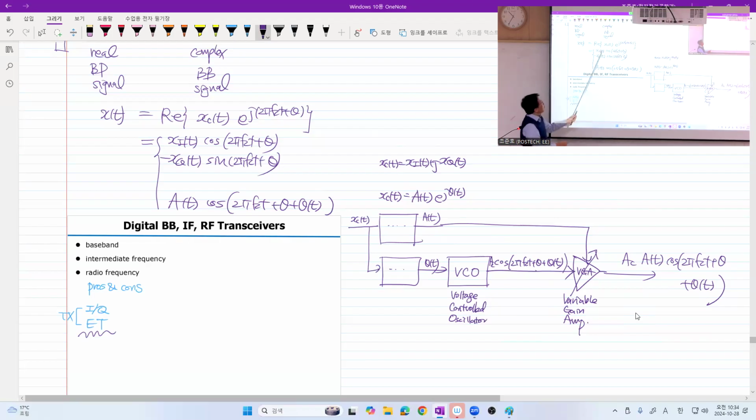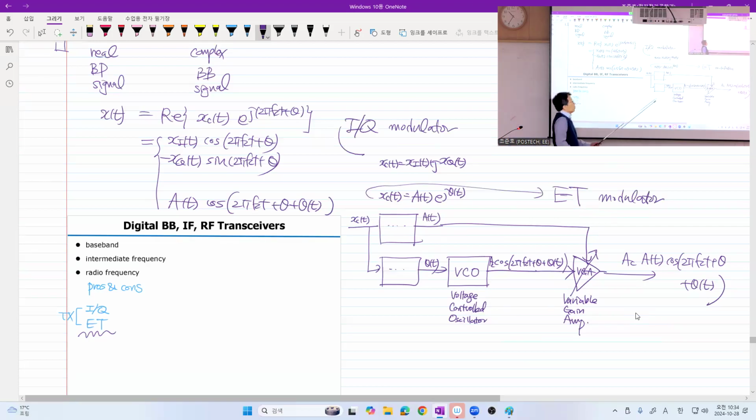So instead of using an IQ modulator, you may use an envelope tracking modulator or transmitter. The reason why it is called envelope tracking is that this may be understood as the envelope of the signal to be transmitted. Of course, it is not exactly the envelope, but you may say that.